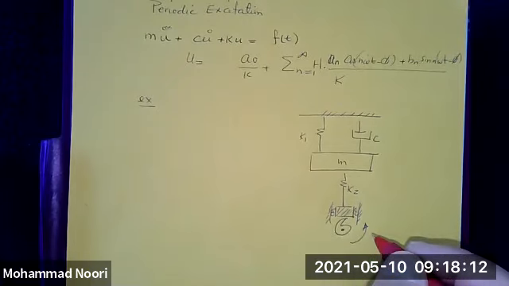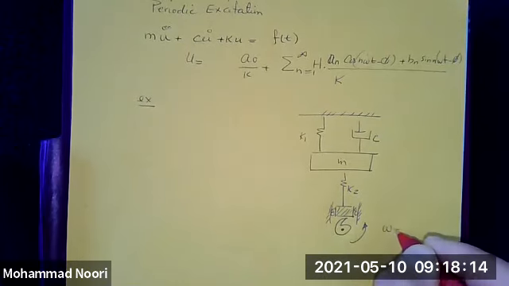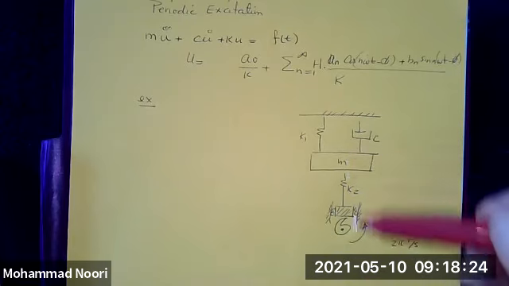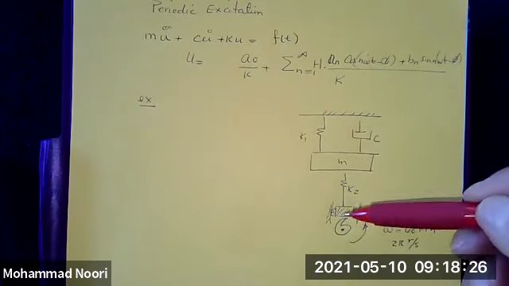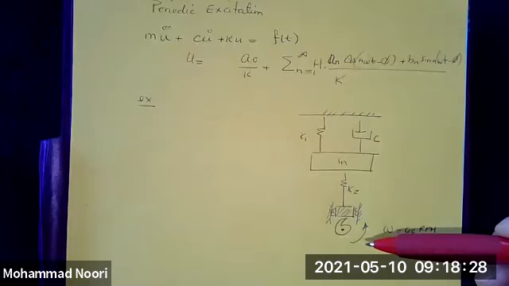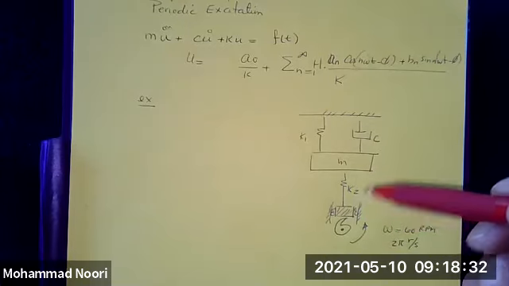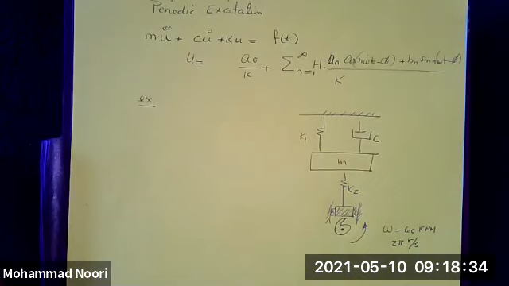rotating at the frequency of 60 RPM or 2 pi radians per second. So it is inducing a motion to this system, which is basically an input displacement. So this is a system subjected to an input displacement.